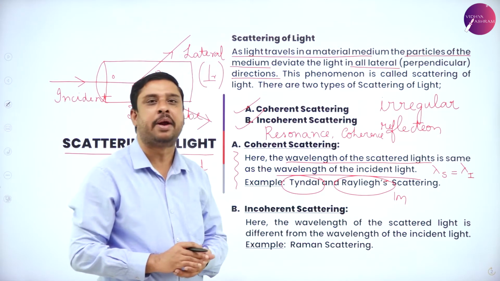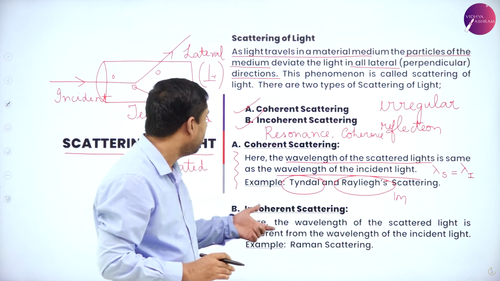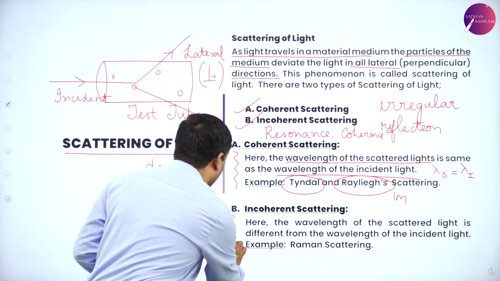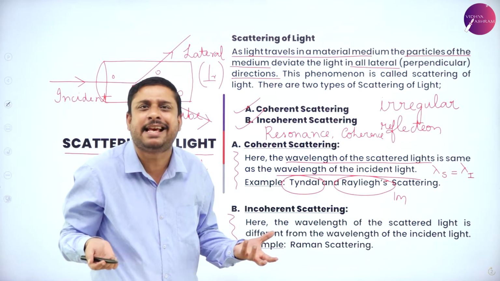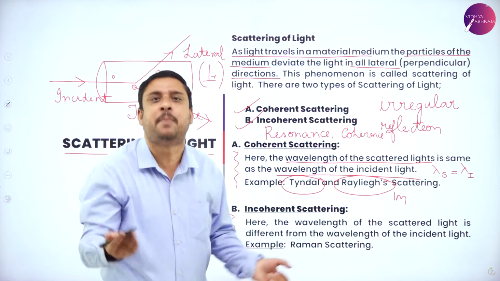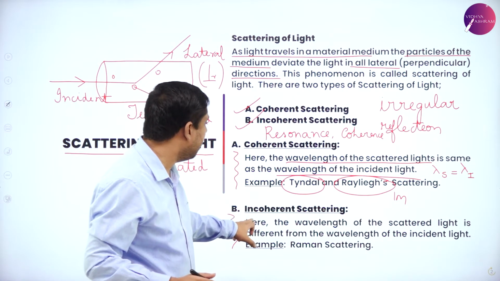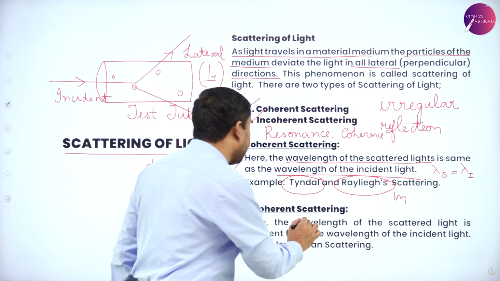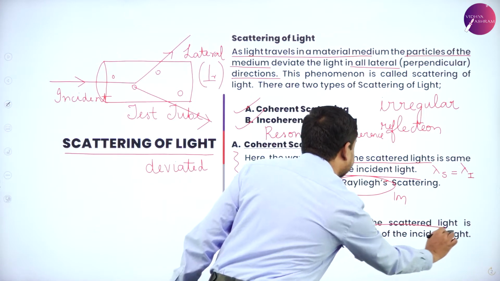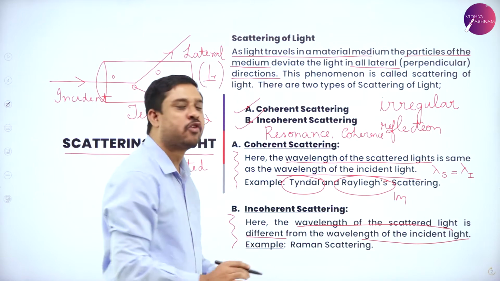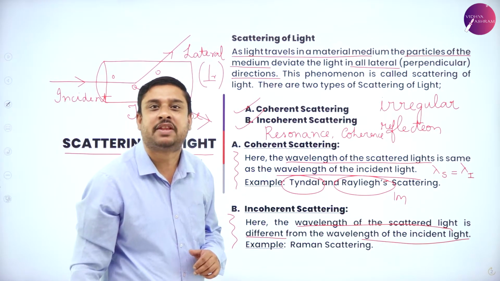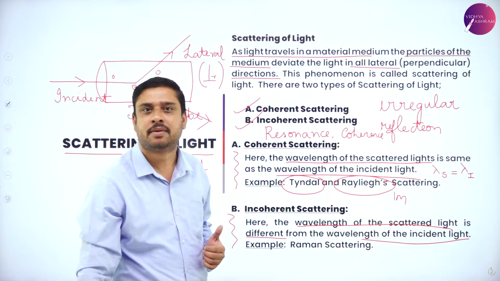An important one-mark question. When it comes to incoherent scattering, the wavelength will not match. Here, the wavelength of the scattered light is different from the wavelength of the incident light.